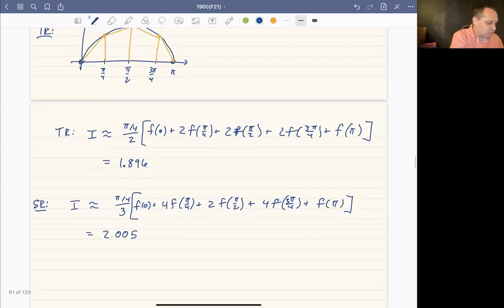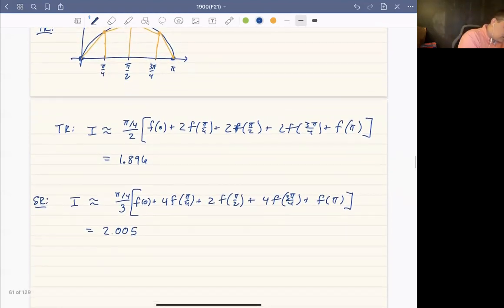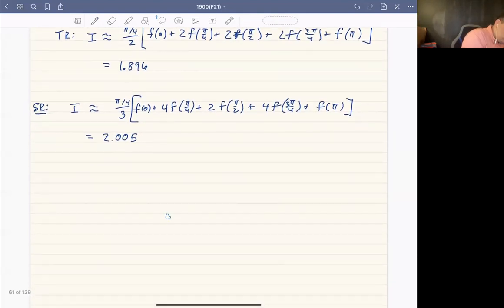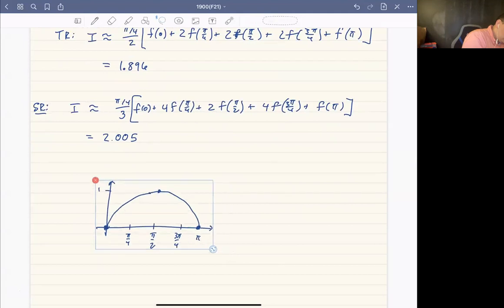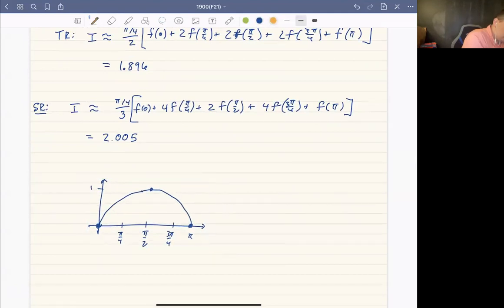I'm not going to draw the picture. I don't know what good the picture is going to do here, but remember the idea is that you're approximating each curve with a quadratic. So we're going to take each of these points where our rectangles are and take the midpoints.